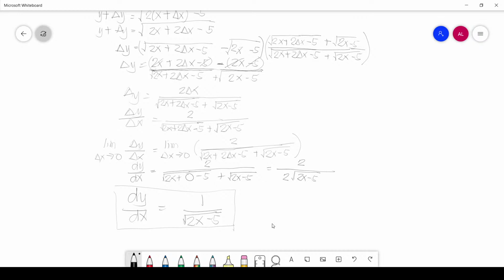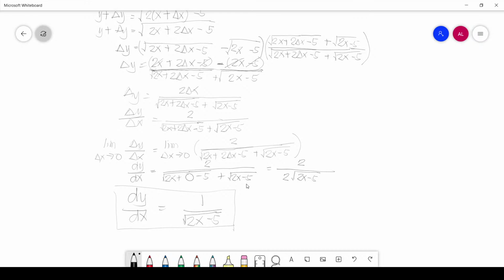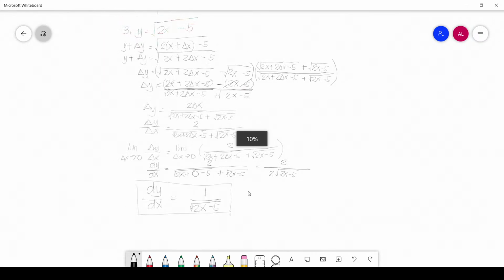So, you try to draw the slope using a point from your radical function.